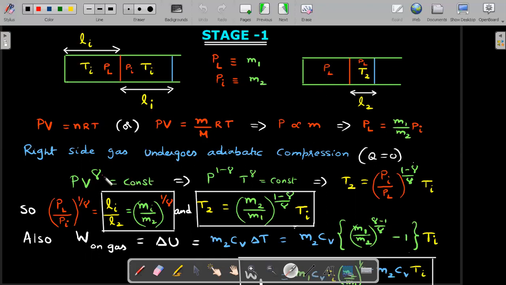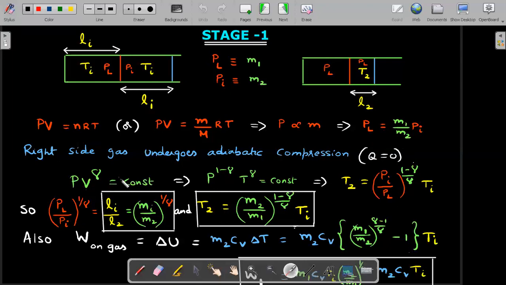So PV^gamma is equal to constant, and you can convert it into PT, and then the temperature would become the ratio of pressures to this odd-looking power times Ti. Okay, right? And also you realize that you can rearrange PI and PL using this ratio and write the temperature as M2 by M1 into this entire power, which I'll borrow to the next stage. Okay, right? So this is the temperature.